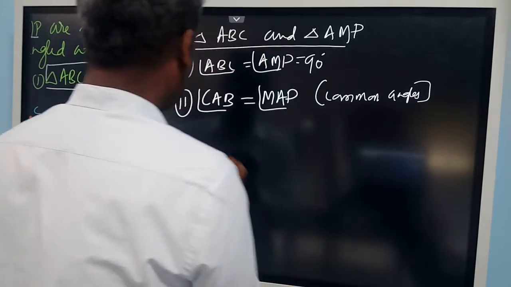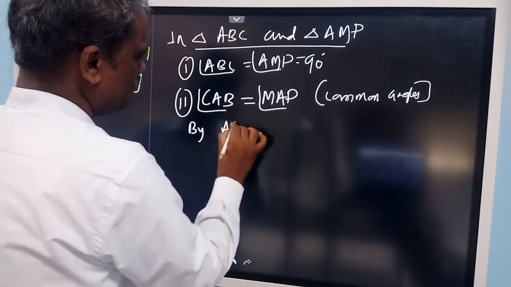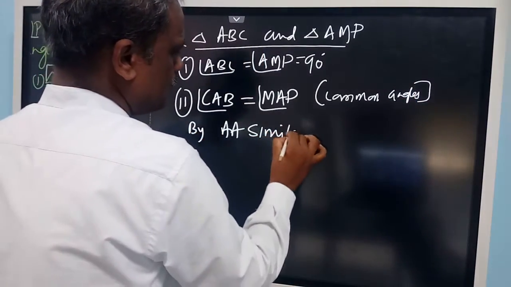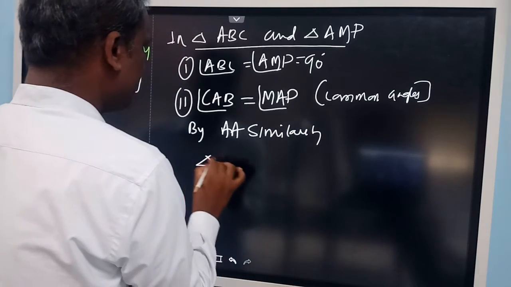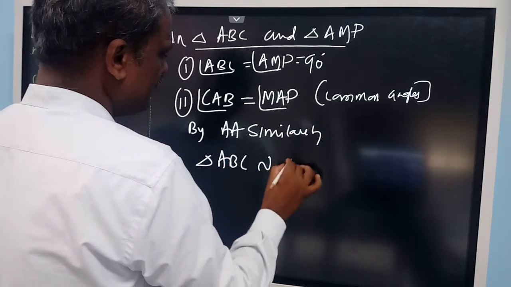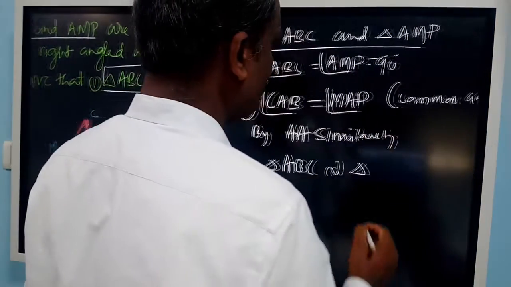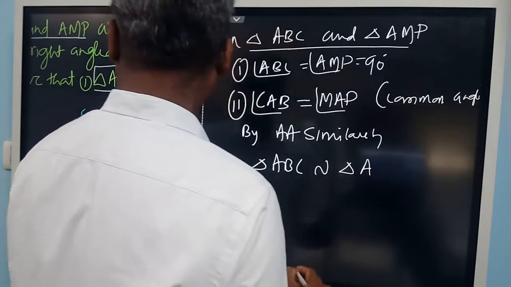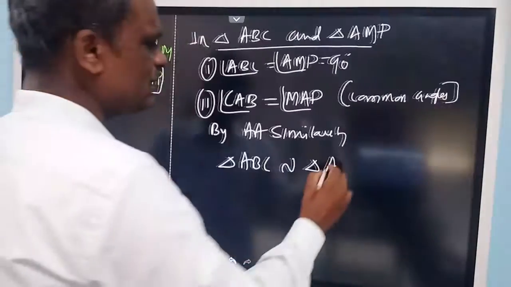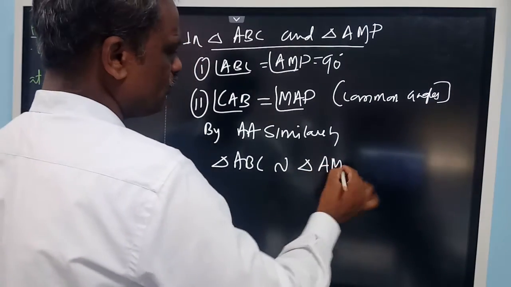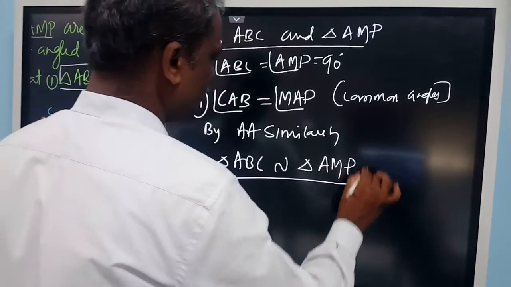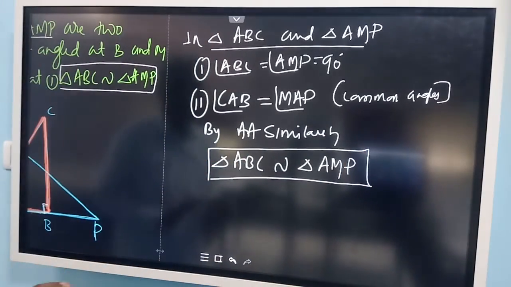So by AA similarity, we can write triangle ABC similar to triangle. For A it is a common angle, A and A are same. For B it is 90 degrees, here M is 90 degrees. What is left out here? Only P. So ABC is similar to AMP. We proved this one also.